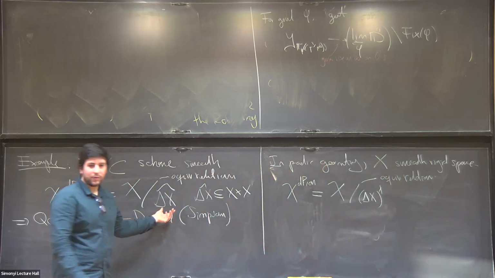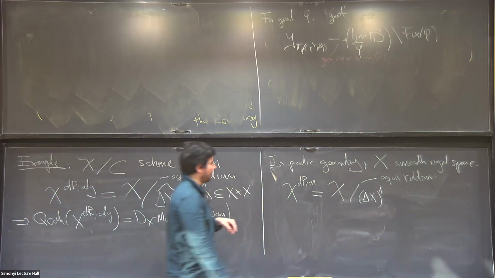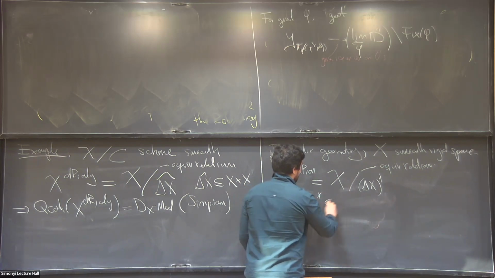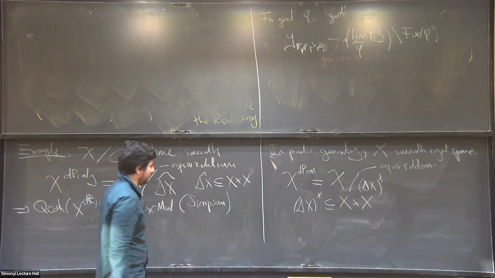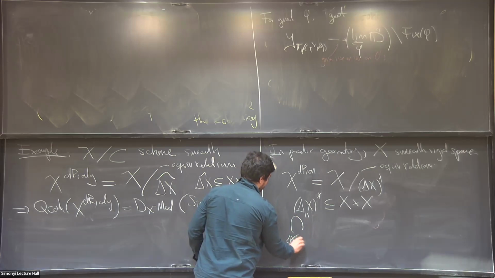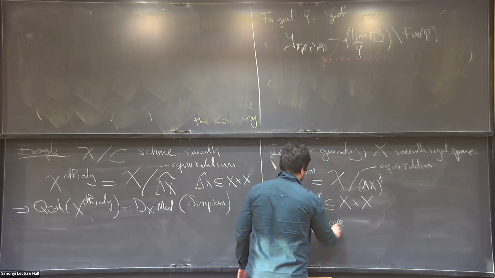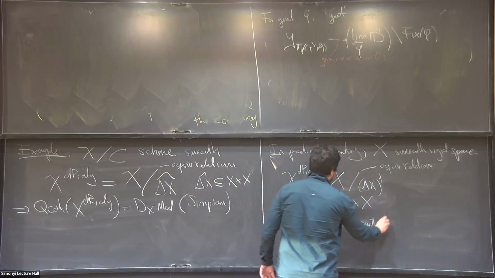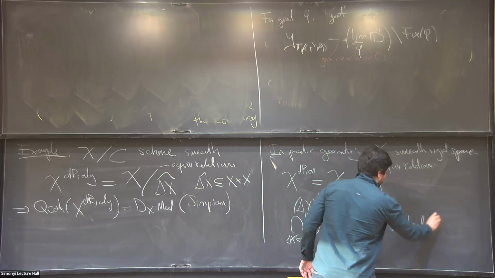As opposed to taking the formal completion, which is just an ind-scheme in the product of two copies of X, we are going to take something that, if you think about what it looks like in rigid spaces, is basically just taking the intersection of all open neighborhoods of the diagonal, which means some kind of overconvergent neighborhood of the diagonal.